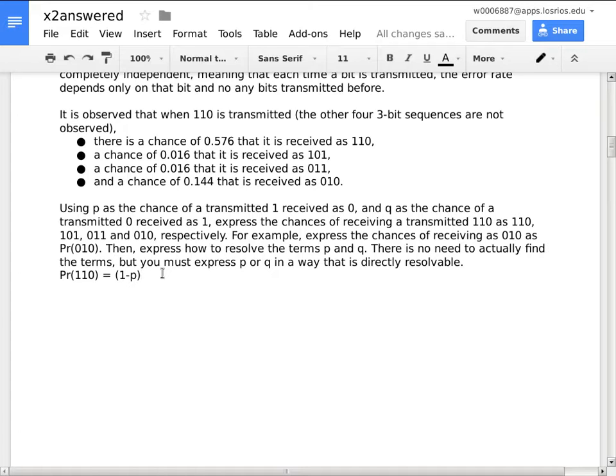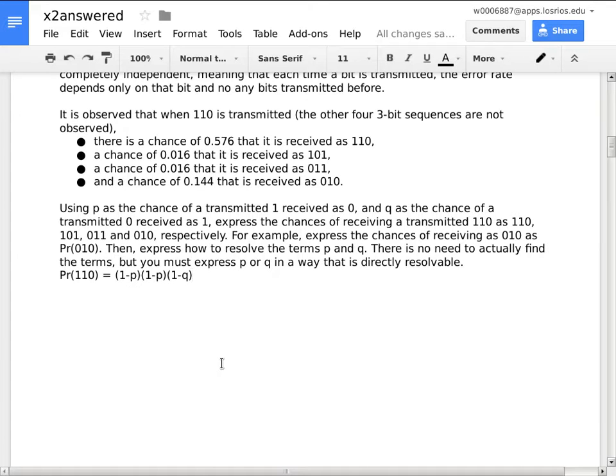But since I transmitted 110 and I'm receiving 110, there's no error in this case. Everything was received correctly. Times 1 minus Q, because Q is representing the probability of transmitting a 0 but received as a 1. And the next one is, oops, I take it back. It's 1 minus P again because there are 2 1s and then 1 0, which is 1 minus Q.